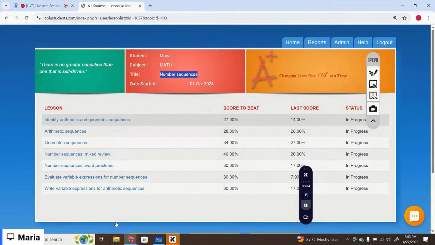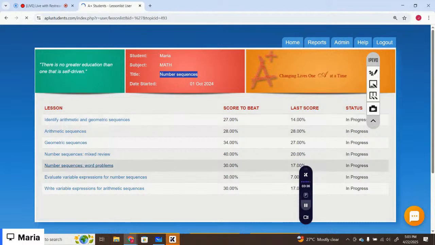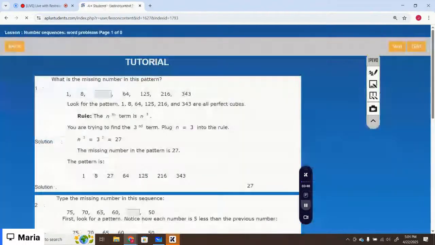So here I'm on the chapter number sequences. Let's just start with the lesson number sequences word problems. What is the missing number in the pattern?